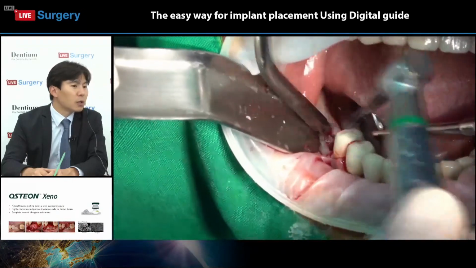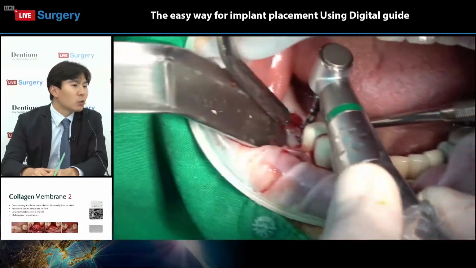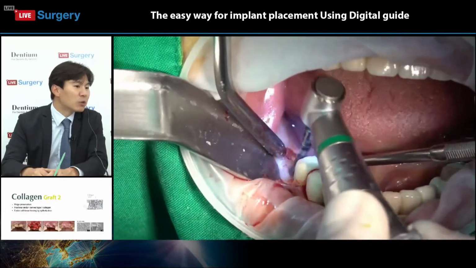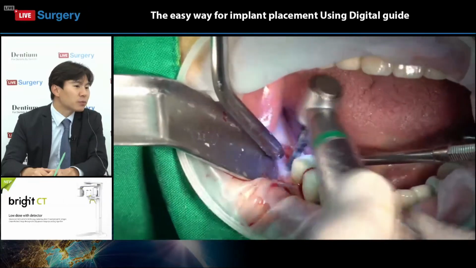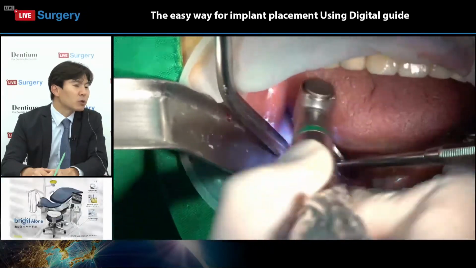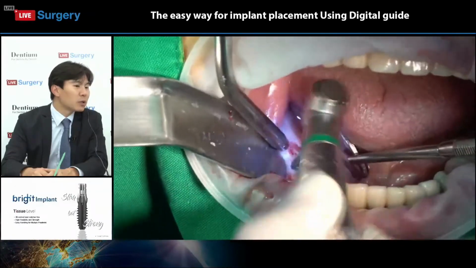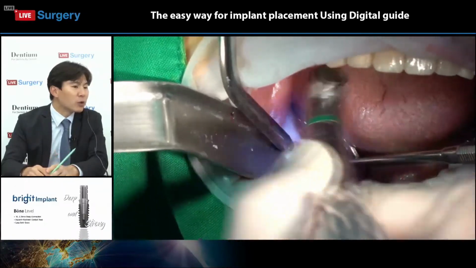Oh, he wants to use a drill to remove the tissue, because the granular tissue is swirling around the blade of the drill.